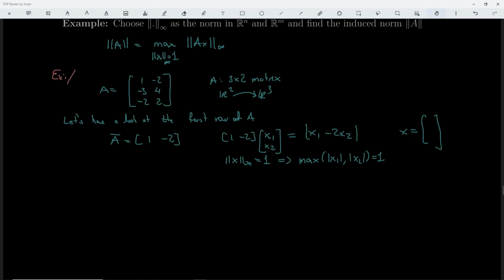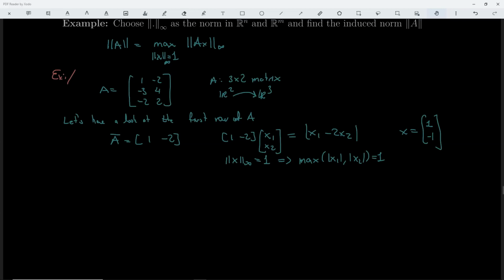One candidate would be x1 equals 1 and x2 equals -1. In that case, this will amount to 3, because I get the maximum contribution from each term in this addition.